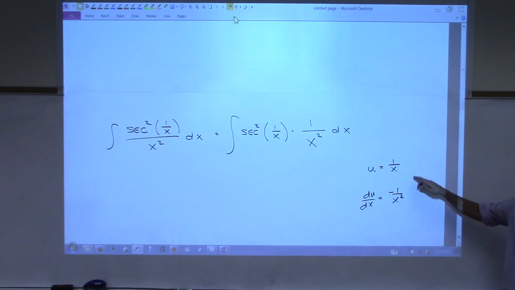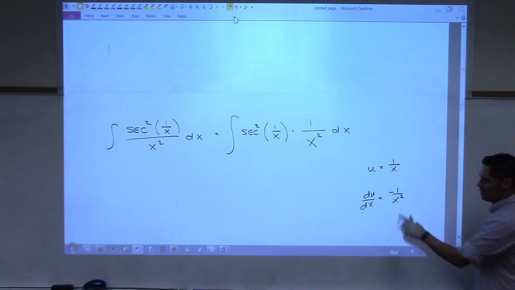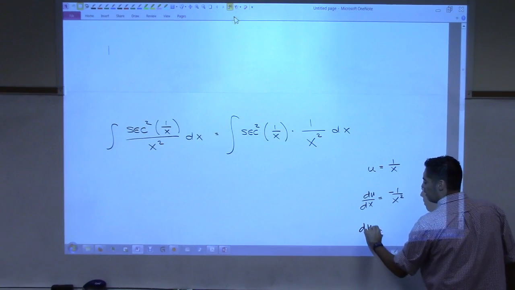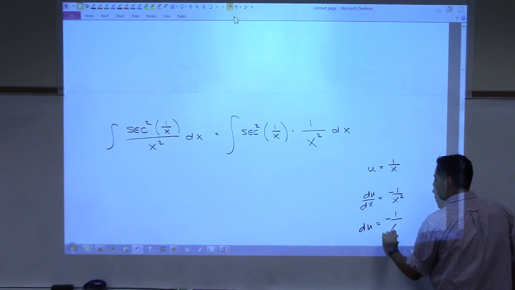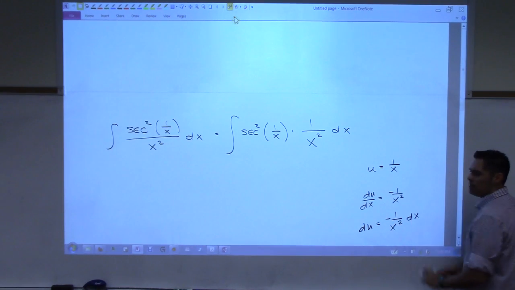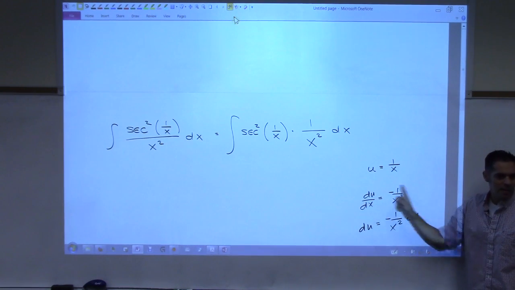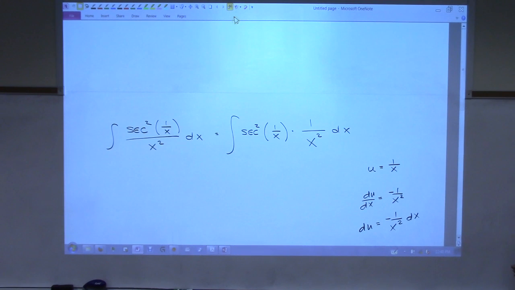Now you know that because I think I've told you a few times now, you should know what the derivative of 1 over x is without having to work it out. And the more you know, the better off you're going to be, as this problem illustrates. So at this point, I just say, all right, du is negative 1 over x squared dx. So I always just clear out that dx on both sides. And then I play my matching game.